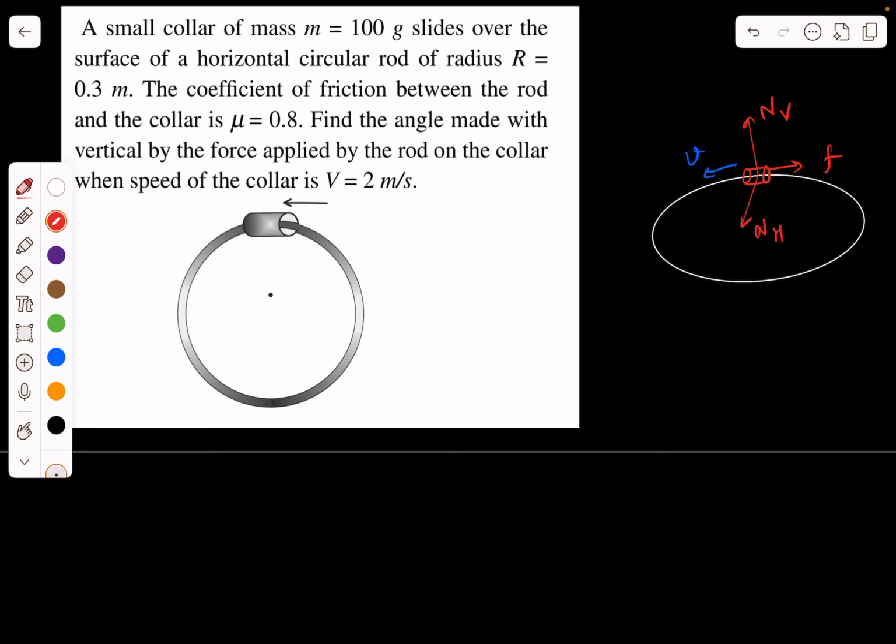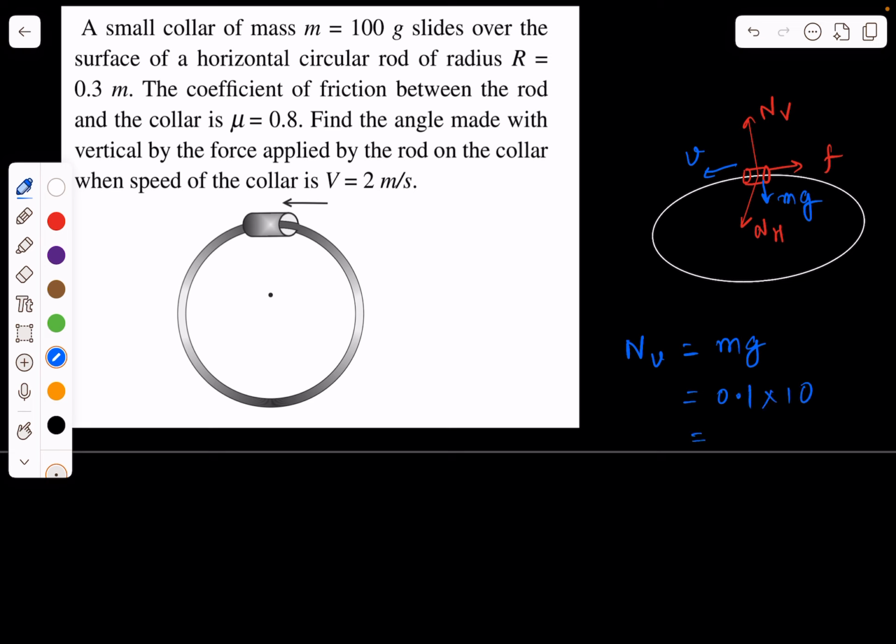Now NV will balance the weight of the collar. The weight of the collar is mg. So from there we can write our first equation. NV will be equal to mg, and if we put in the values, mass is given 0.1 kilogram, and let us take the value of g as 10.